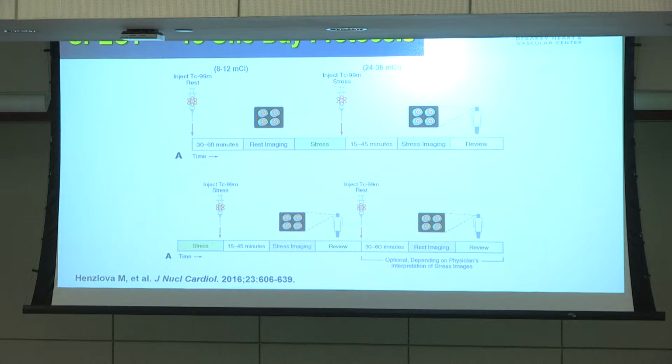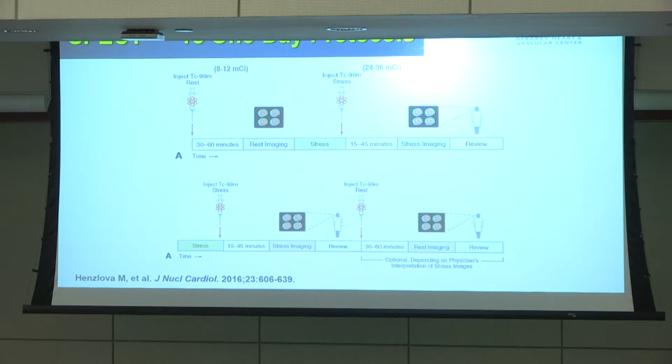The limitation of this protocol is that the first set of images is the lower-dose kind of images. This may not be a problem in a non-obese patient, but it could be a problem in an obese patient.